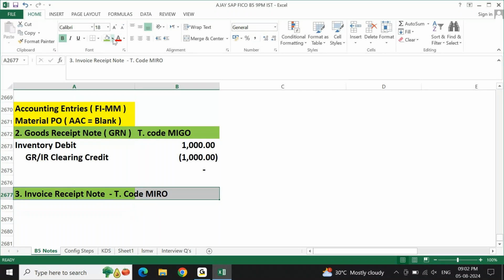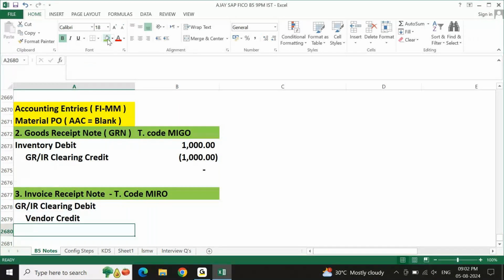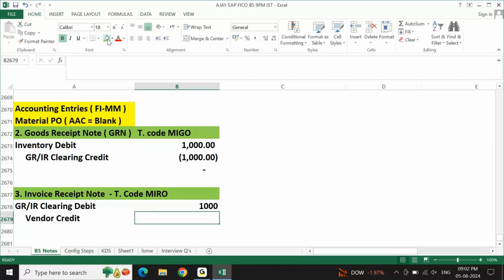In this situation, your accounting entry will be GRIR clearing account debit and your vendor account credit. In this case, GRIR clearing account is on the debit side, vendor account is on the credit side. Same amount, it will be 1000. It will be 1000 here.